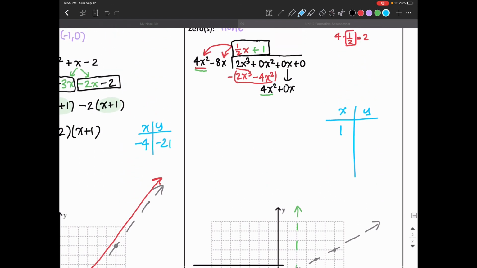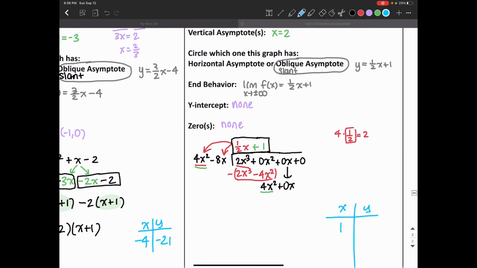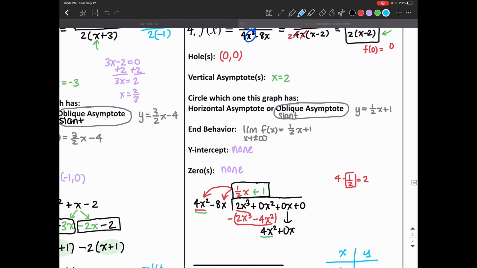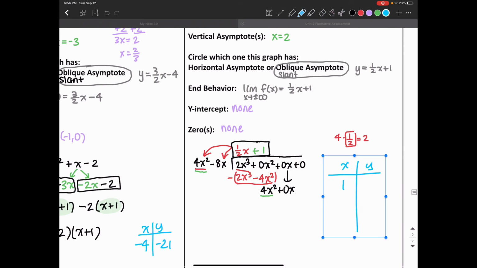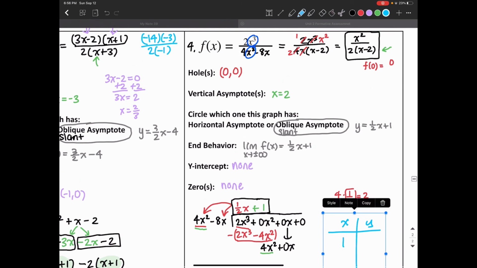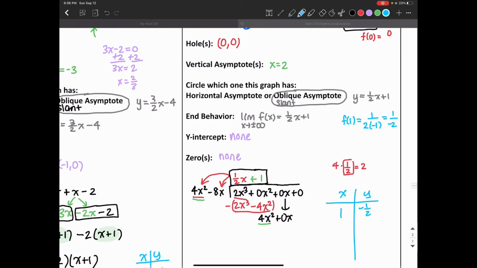So when x is 1, I wish this was not so zoomed in. Okay, x is 1. I have f of 1 is equal to 1 over 2 times 1 minus 2, which is 1 over negative 2, or negative 1/2. So 1 and negative 1/2 is what I have right here.